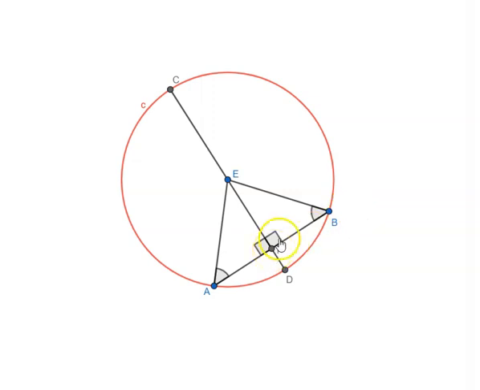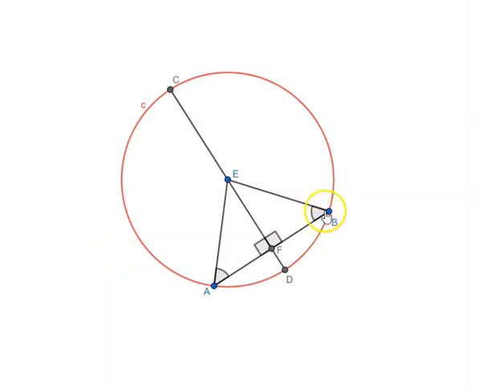So basically, we have proved that if a line passing through the center cuts a line segment at right angles, then it bisects the line segment. Okay, so that was proposition 3 of book 3.